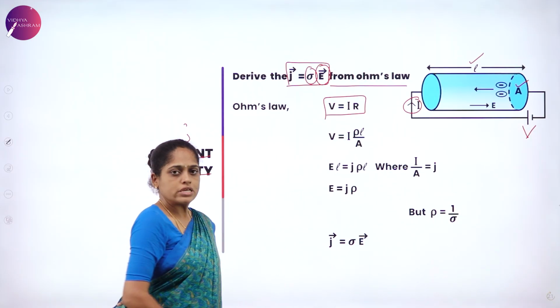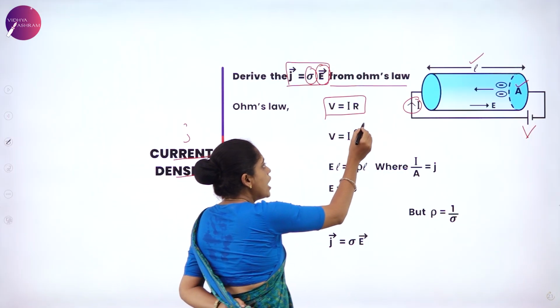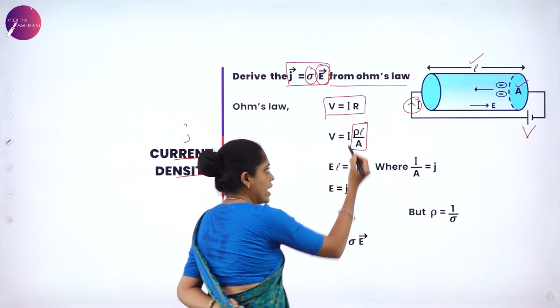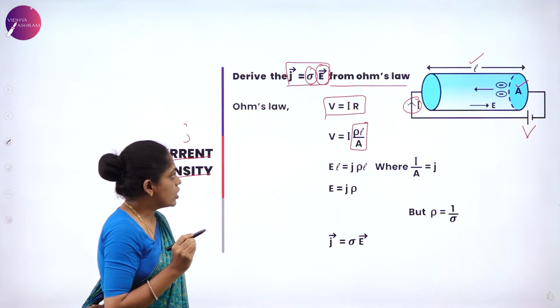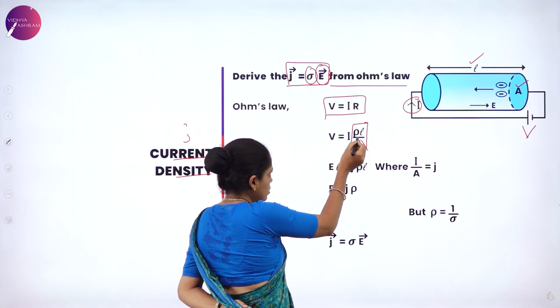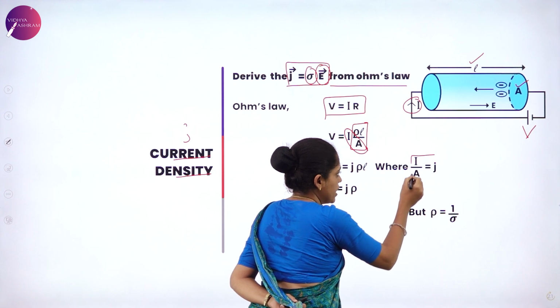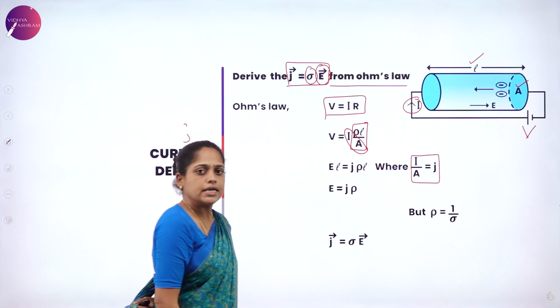Now, Ohm's law is given by V is equal to IR, where R is equal to rho L by A, where rho is the resistivity. Now, in this equation, let us consider I by A, where I by A is the current density.